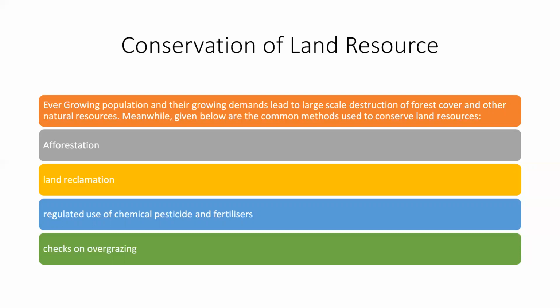Some areas fall under the problem of overgrazing, where herds of cattle overgraze a particular piece of land, which can lead to land destruction, or in a way deteriorate the condition of the land.